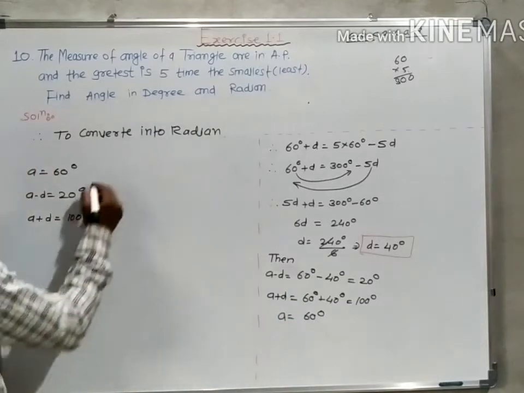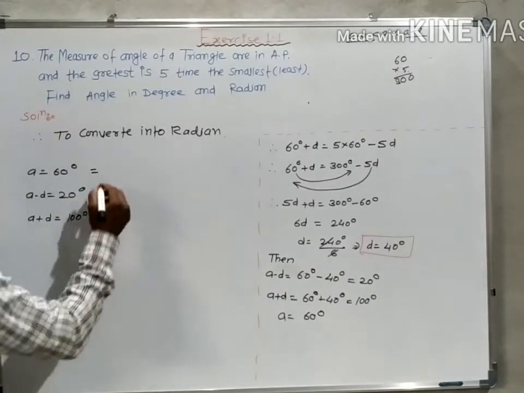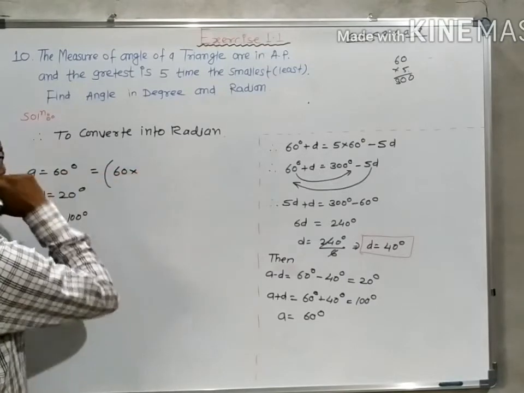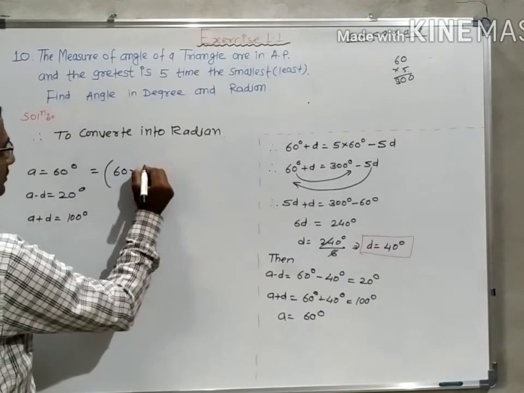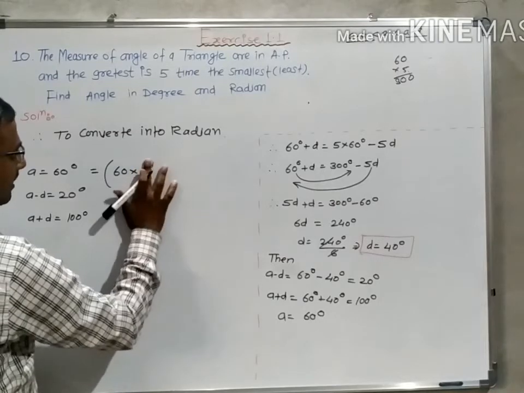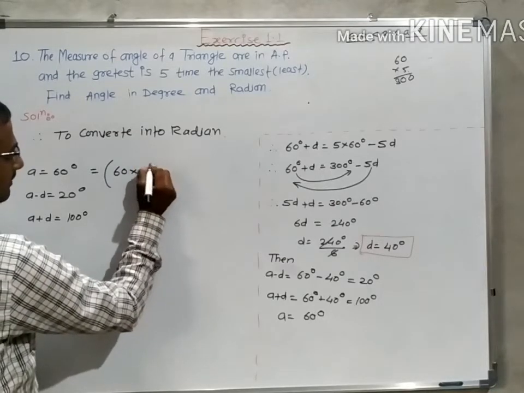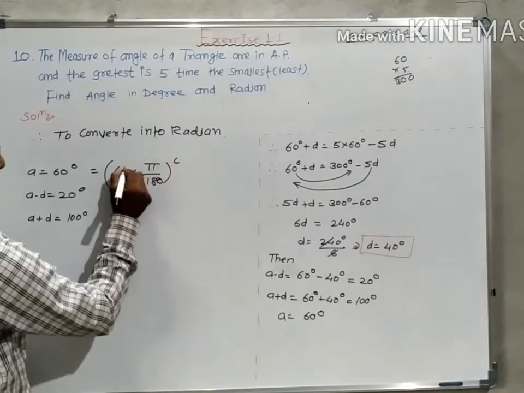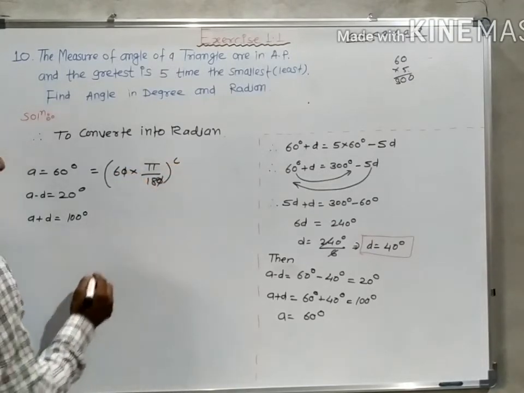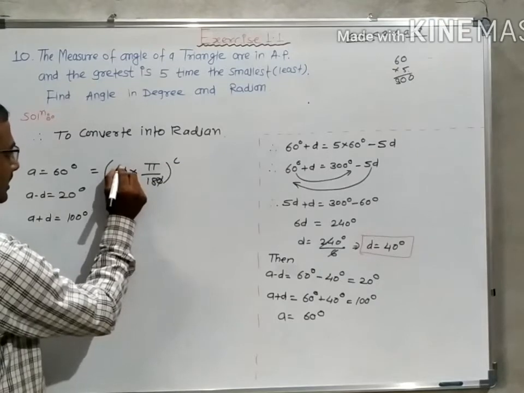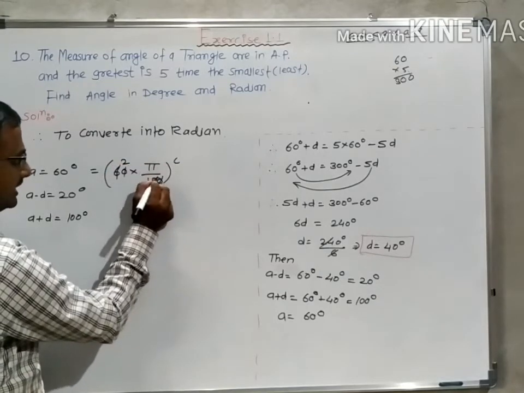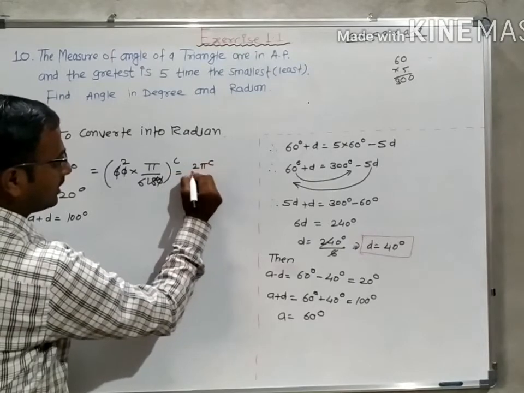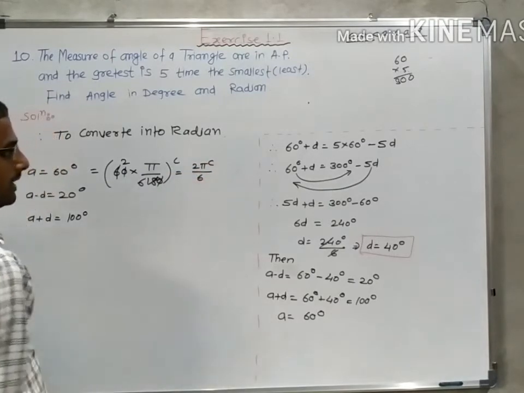So 60 degree converted into radian: multiply by pi upon 180. The zeros get cancelled, 3 2s are 6 and 3 6s are 18. So this is 2 pi radian upon 6.